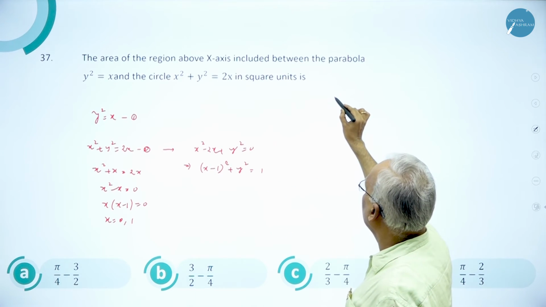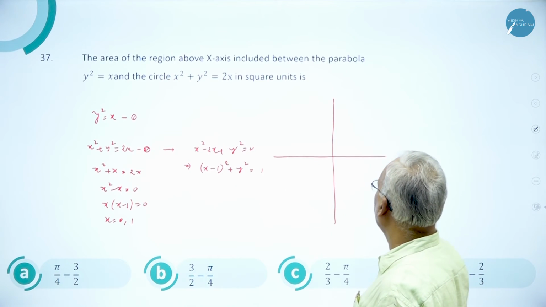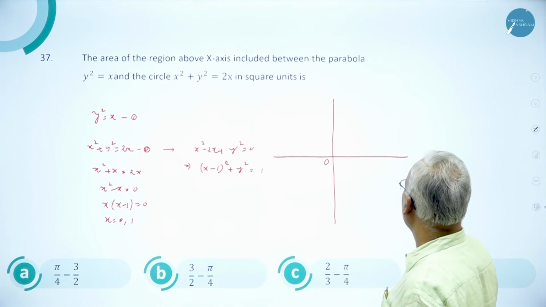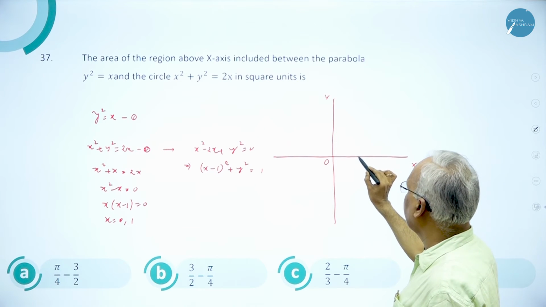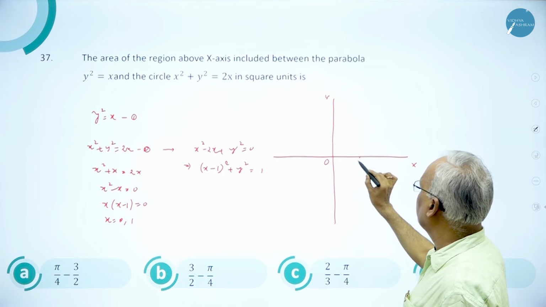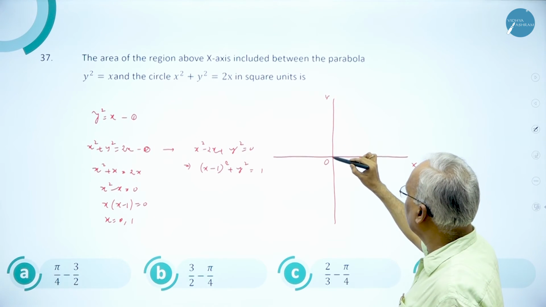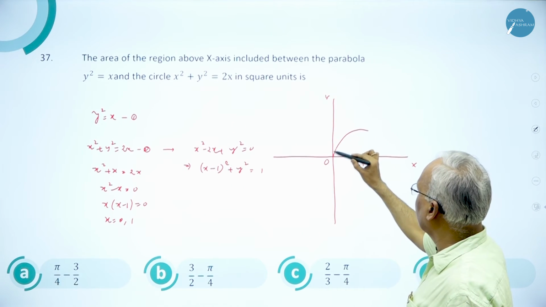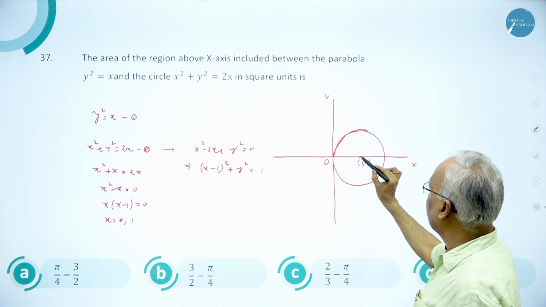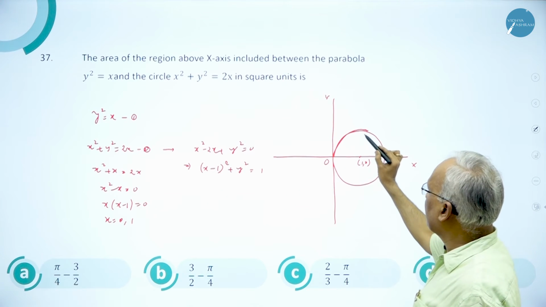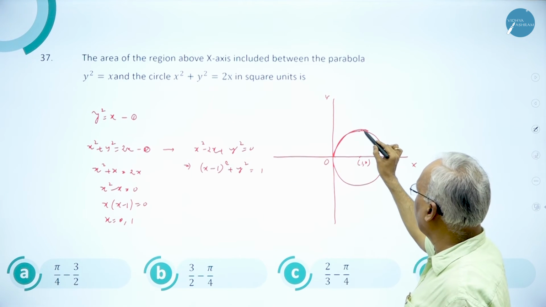So we can draw the diagram now. In this Cartesian plane, you have origin here. This is x-axis. This is y-axis. You have the circle centered at 1 comma 0, radius 1. And the next one is the parabola, which meets the circle at x equal to 0 and x equal to 1.